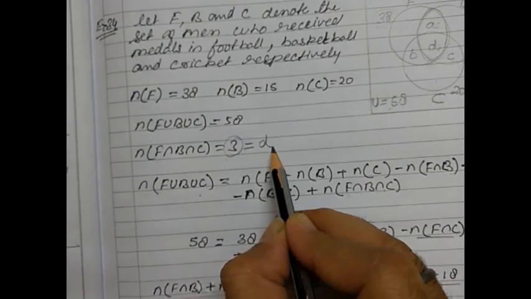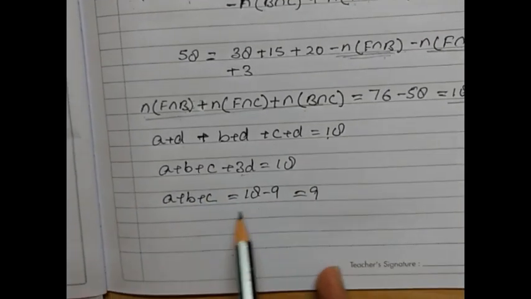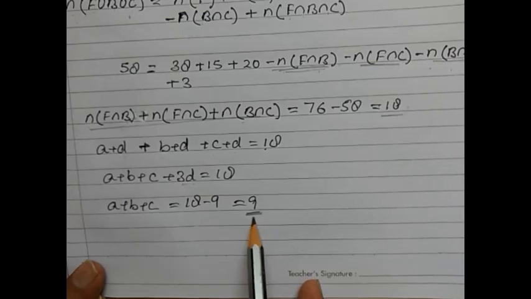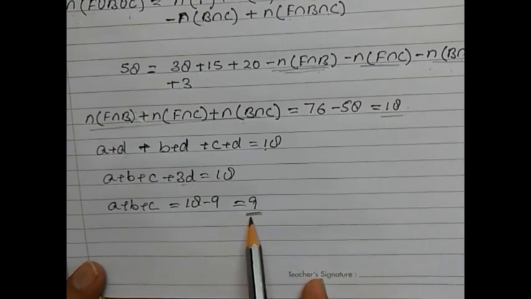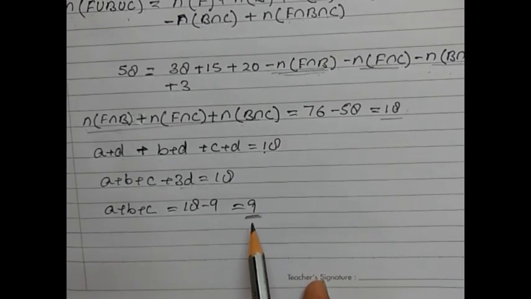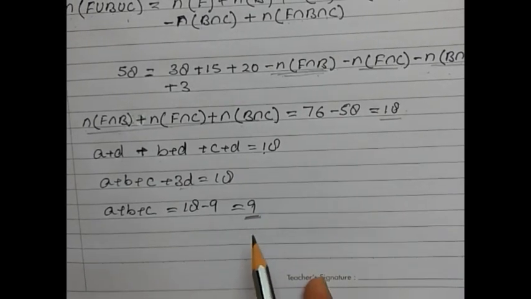This I have taken as D. Clear? So we find it out by solving this equation: 18 minus 9, and here we get 9 as the number of people who won medals in at least 2 sports. This is what was asked in the question, isn't it?